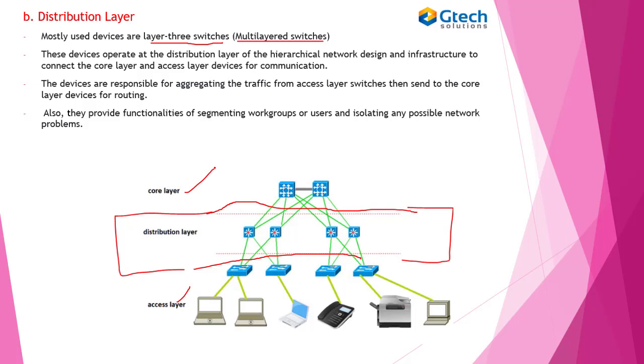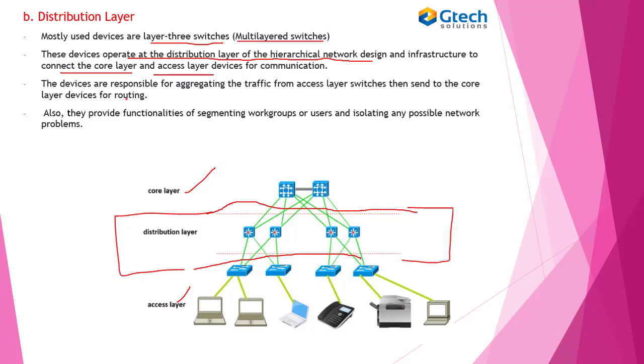Okay, these devices operating at the distribution layer of hierarchical network design are used to connect the core layer and the access layer devices so they can communicate. So it's the distribution layer that will connect the core layer devices and the access layer devices for communication.